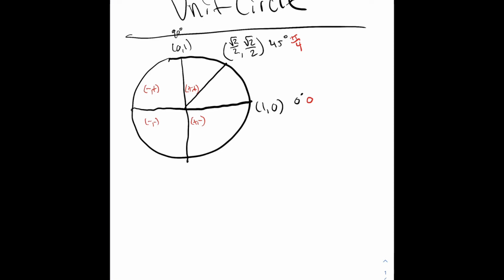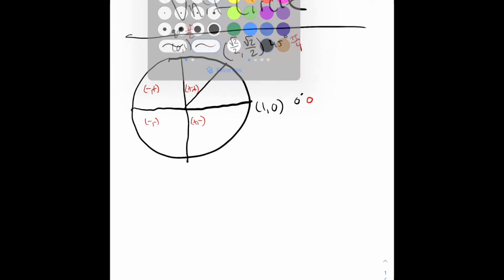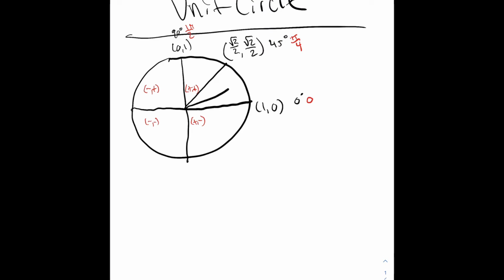And then this would be 2 pi over 4, but 2 over 4 gets reduced to 1 over 2, so 1 pi over 2 radians. And then we know that, at 45 degrees, I also have these angles at 30 and then at 60.